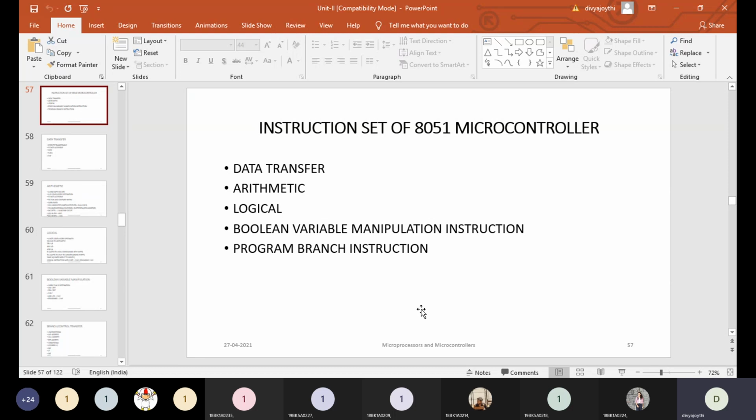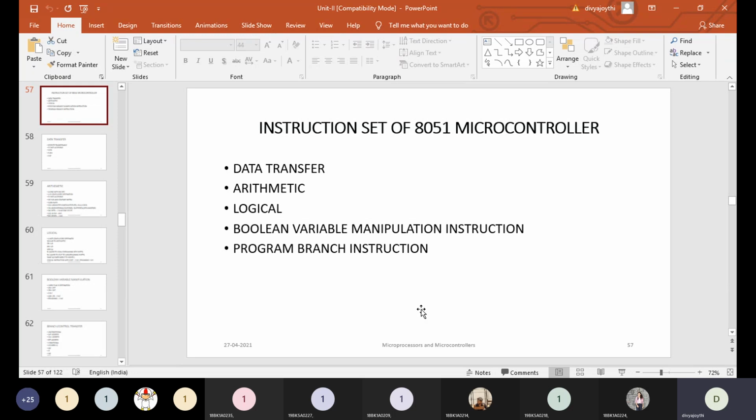Like that, most of the mnemonics will be the same, but the source and the destination registers will be varying. They will be completely varying because the register organization of microprocessor and the register organization of microcontroller are completely different. In 8086, in most of the cases, we can make use of all the general purpose registers for writing the program.